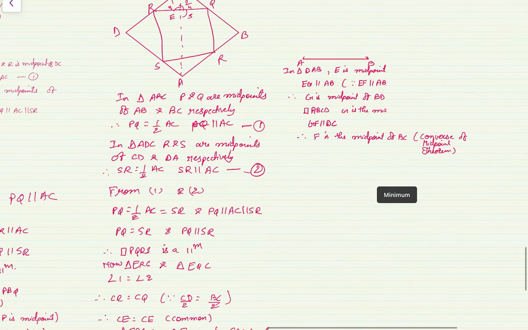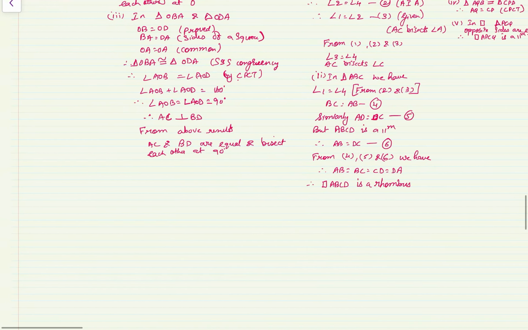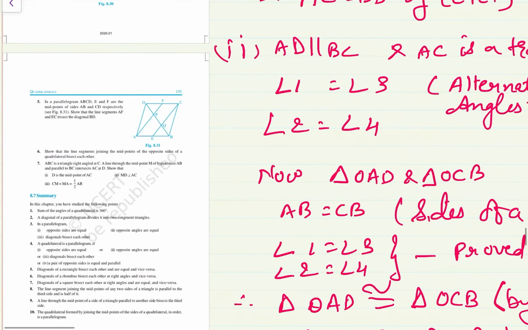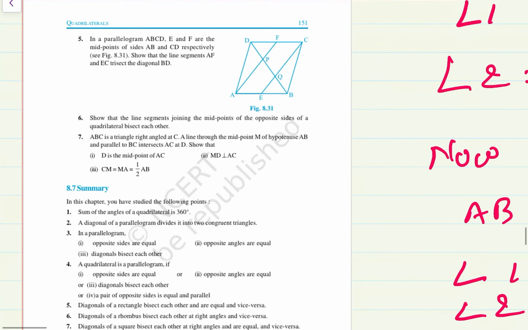Now we do the fifth question. Here, in a parallelogram ABCD, E and F are the midpoints of sides AB and BC respectively.